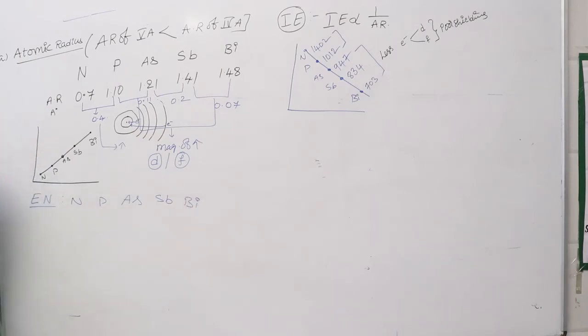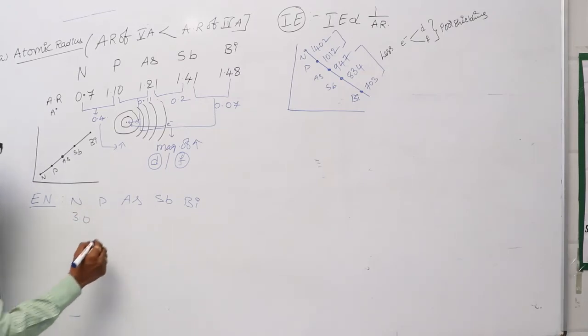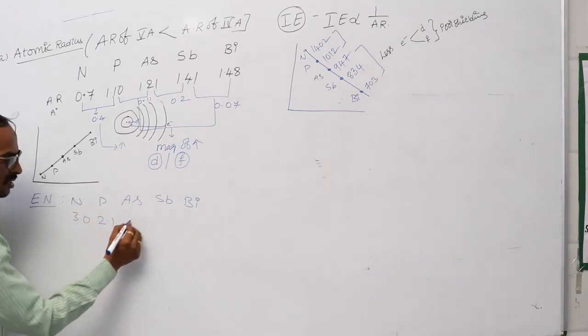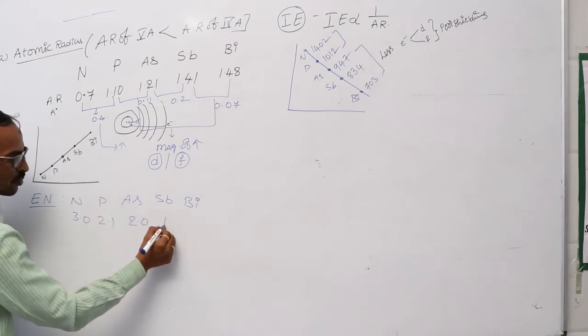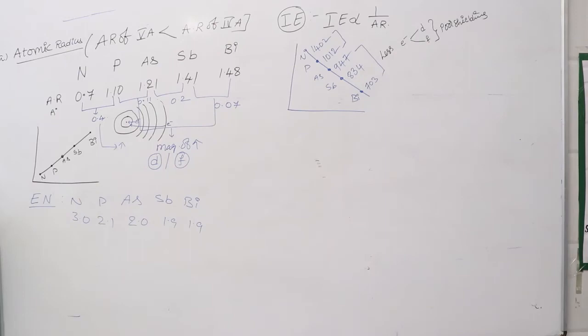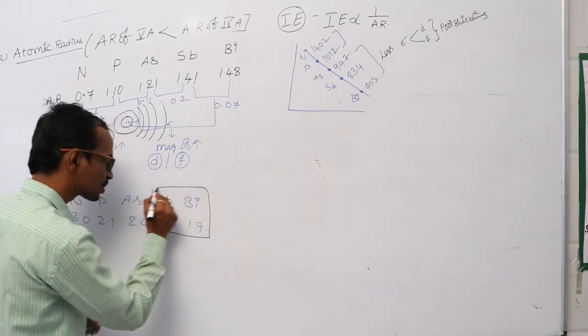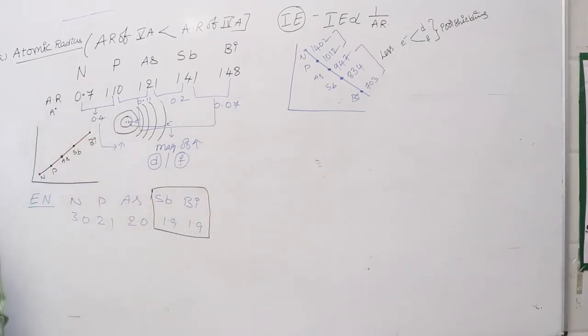What will be the electronegativity values? It is 3, and next 2.1, 2, 1.9 and 1.9. These are the electronegativity values. Here antimony and bismuth possess almost similar electronegativity.